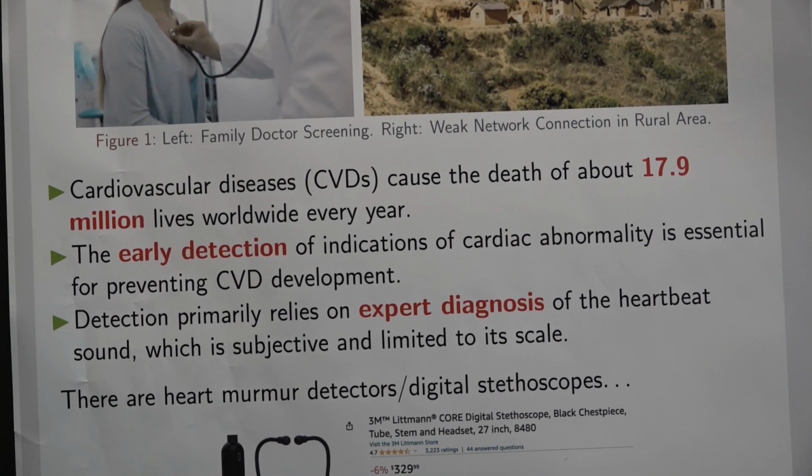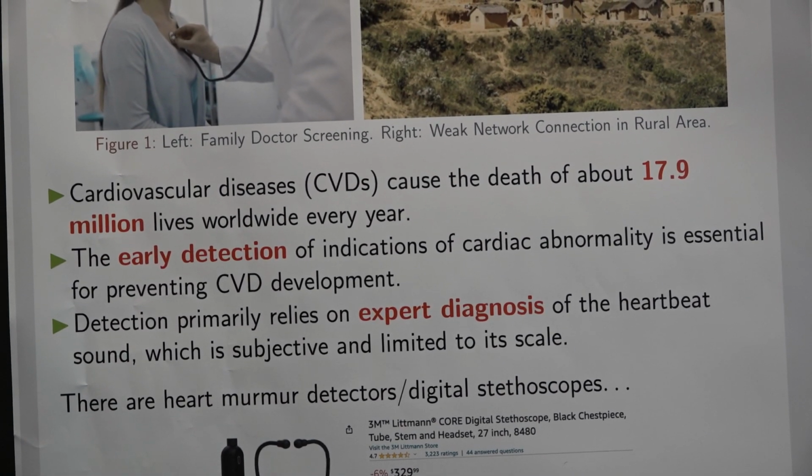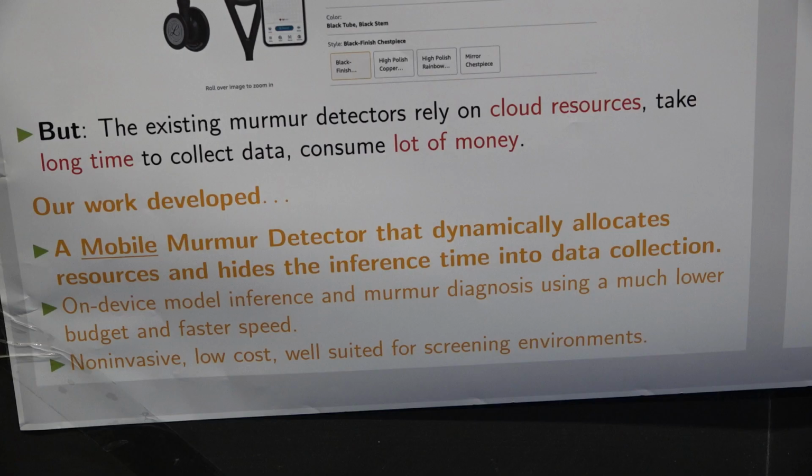So we want to use the stethoscope, which is a very old technology that listens to your heart, add an AI component to that, and make it run on the device, so that you can run the diagnosis wherever you travel. For example, in a rural area where the connection is not very reliable, and also in a large screening setting where if you go to the cloud, it will be very resource expensive.